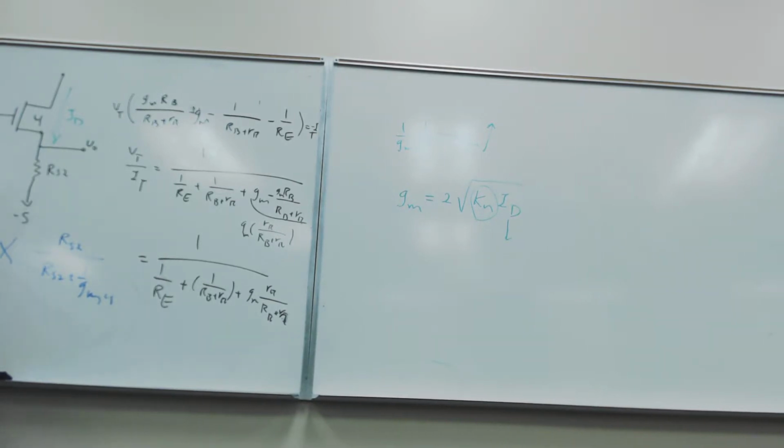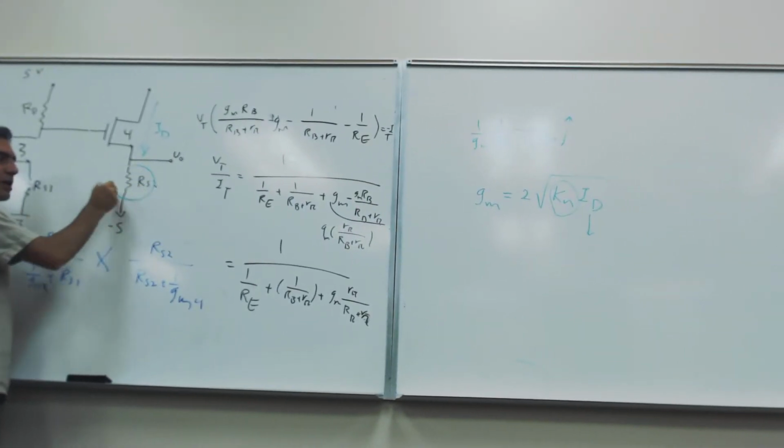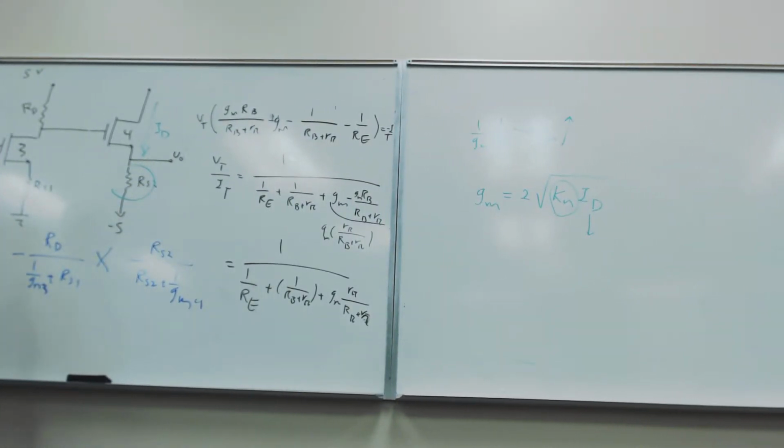Well, where's that current going to go? It's going to go through RS2. What do you get there? High voltage drop. Well, at this point, you don't really care about high voltage drop. One thing more relevant is heat. You get a lot of waste heat.